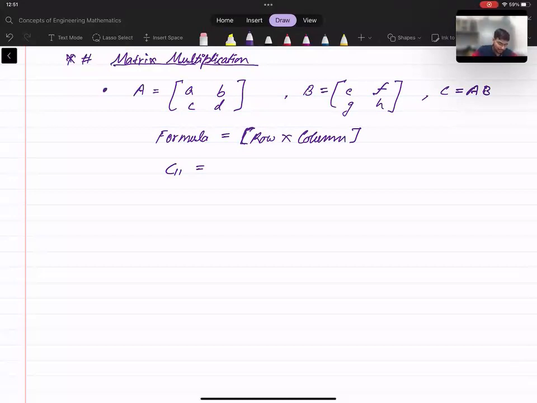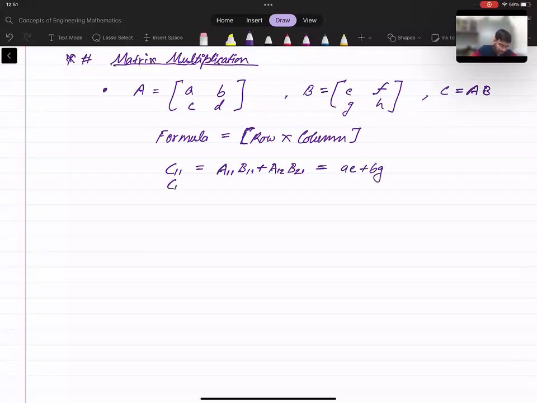So we write this as A11 multiplied with B11, added to A12 multiplied with B21, and so on. So here we will get ae plus bg.